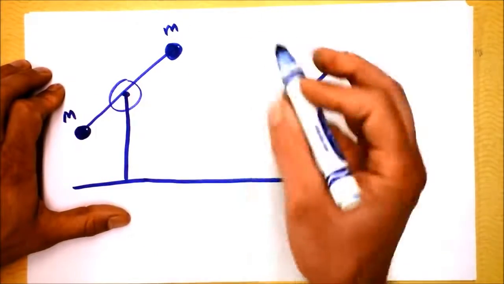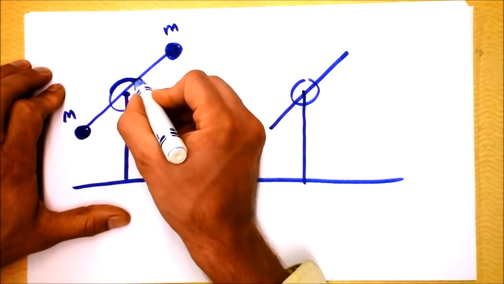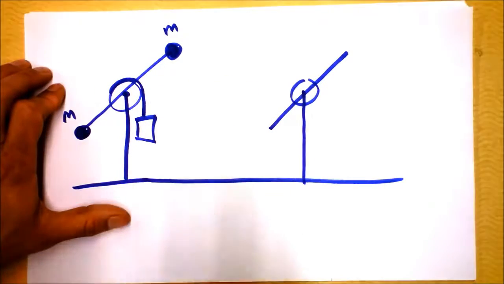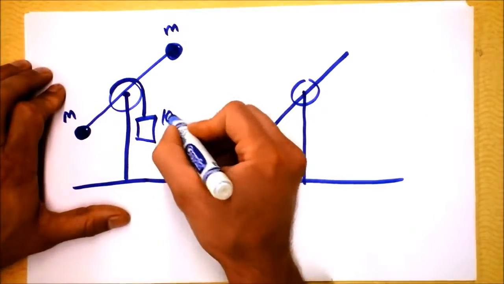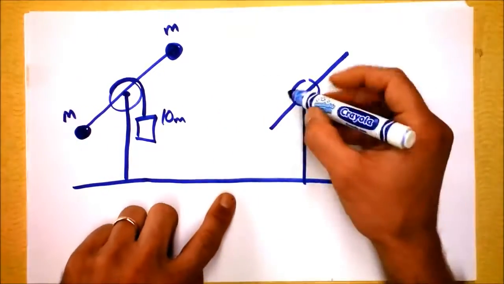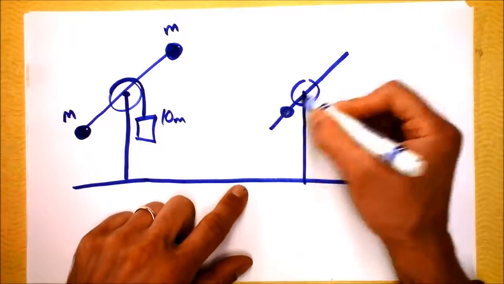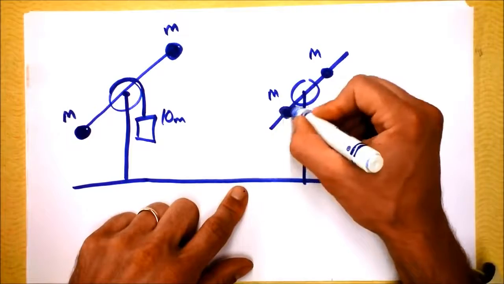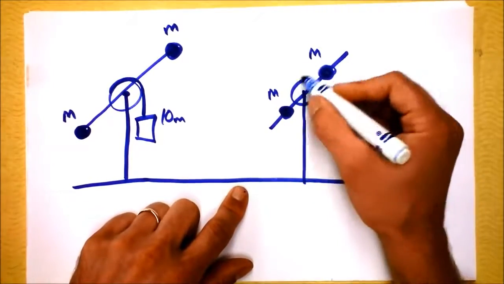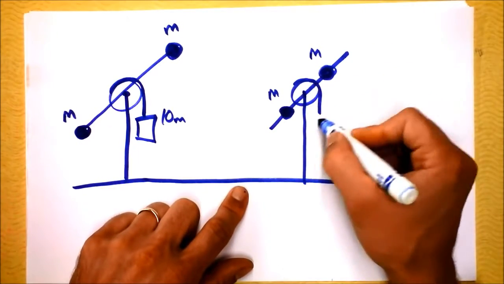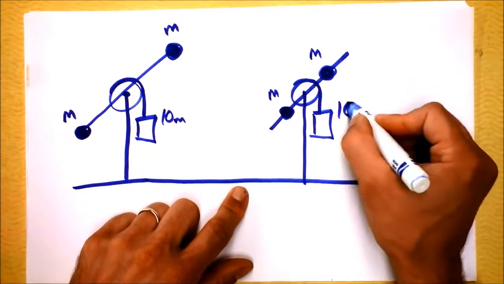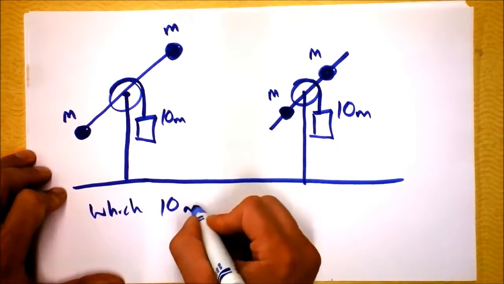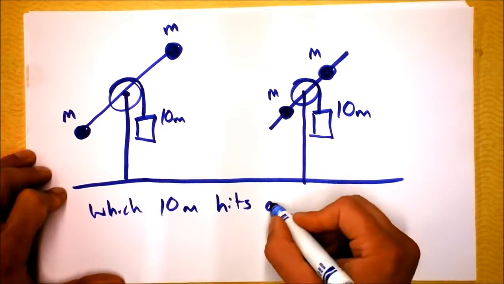Each of the masses is m, and there's this other thing wound around it, where there's this heavy mass right here. Let's call it, I don't know, 10m or something. I don't even care what the numbers are going to be, but this is much heavier. The second setup has these guys choked up a little bit. They are still m and m, trying to make them the same size, but this guy coming over here is still 10m, and I want to ask which 10m hits ground first.